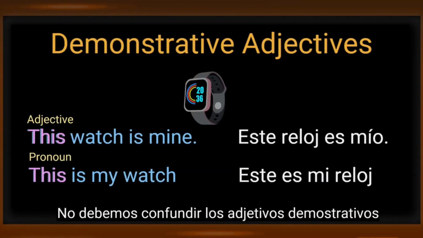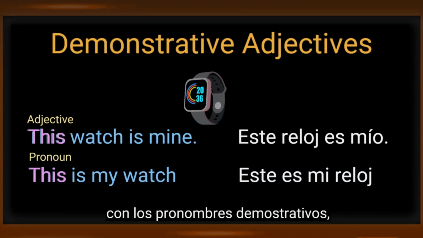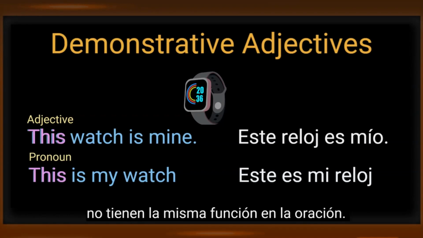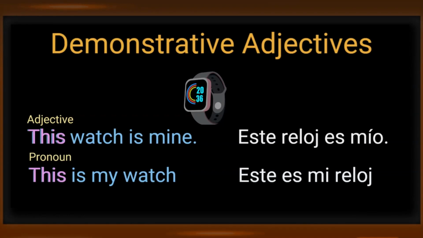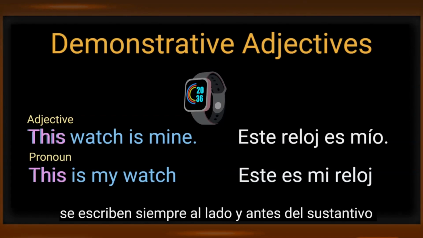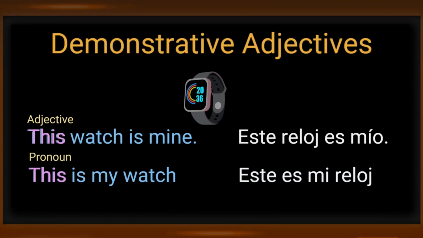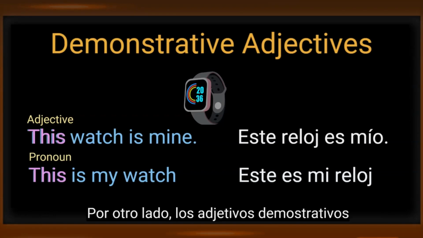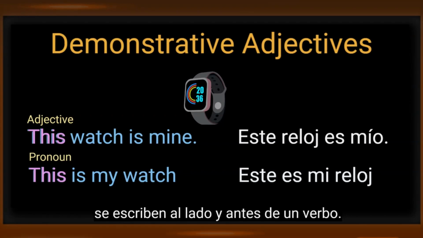We must not confuse demonstrative adjectives with demonstrative pronouns, because although they are written in the same way, they do not have the same function in the sentence. Keep in mind that demonstrative adjectives are always written beside and before the noun they modify. On the other hand, demonstrative pronouns are written beside and before a verb.